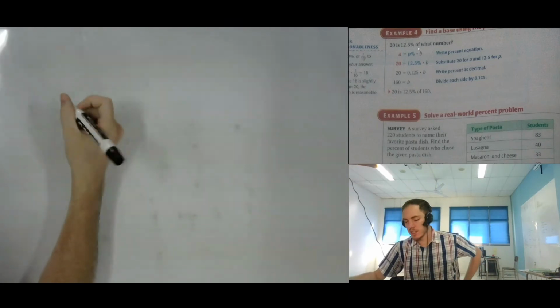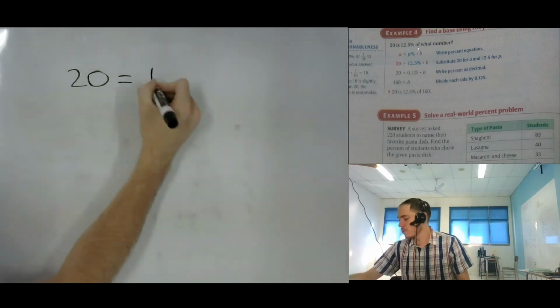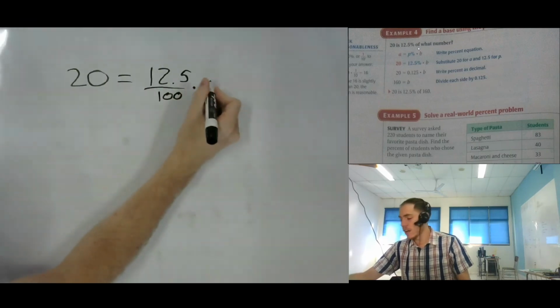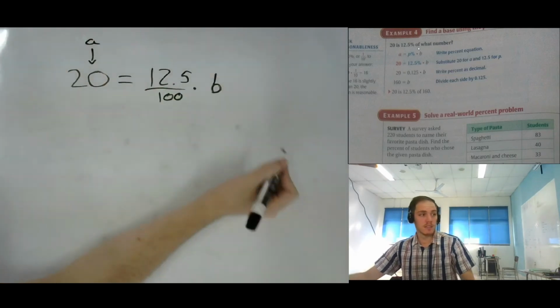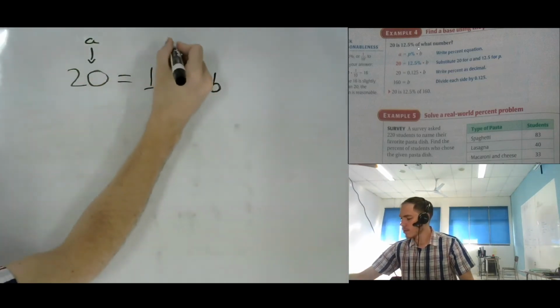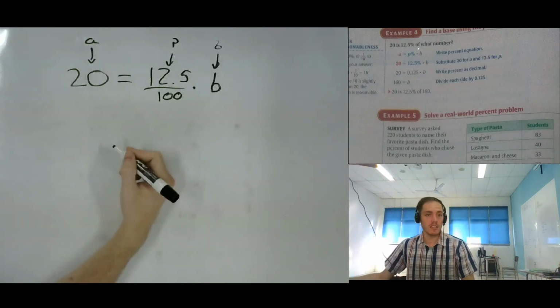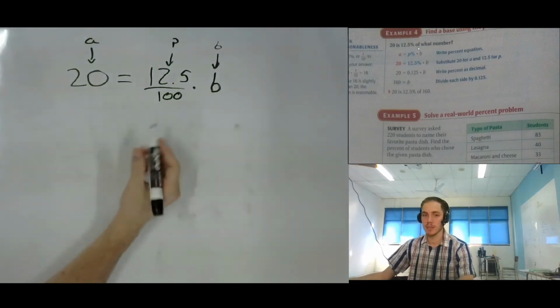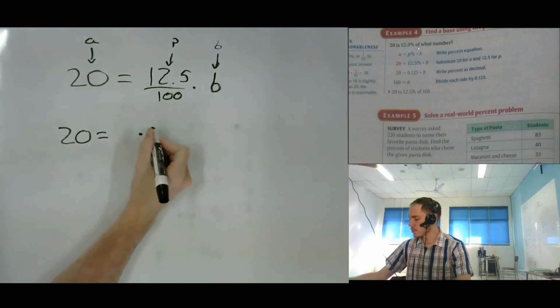Okay. 20 is 12.5% of what? So 12.5 over 100 times what number? So that will be B. So remember, this is A, this is P, and this is B. Okay? They give us 20 is 12.5% of B. And what we're going to do is turn this into a decimal.